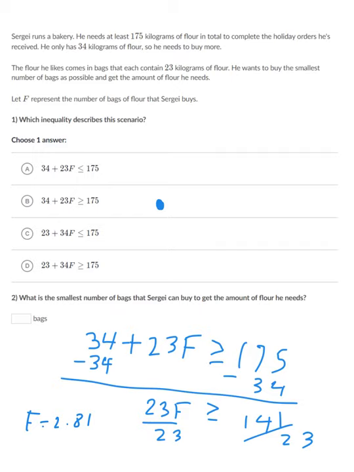So in order for Sergey to have enough flour for his bakery, he needs to order 3 bags of flour. That's the minimum number of bags that he can order, is 3. So again, inequalities help us find a minimum or maximum amount.